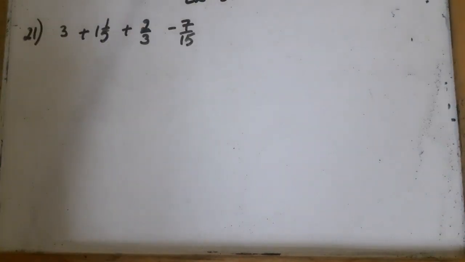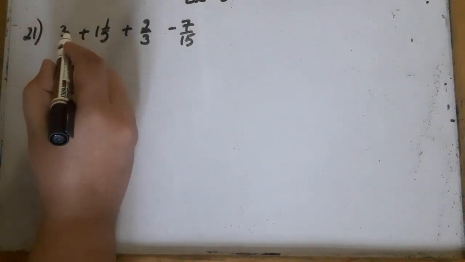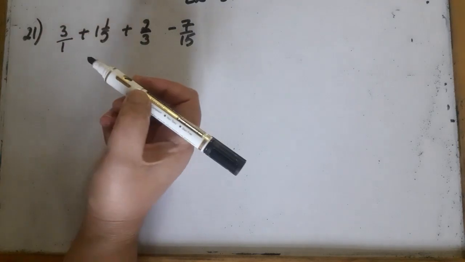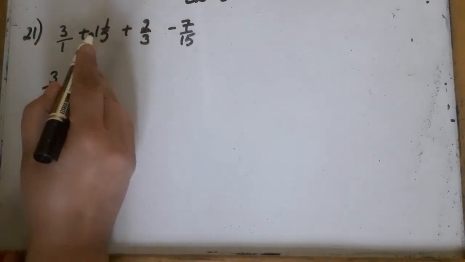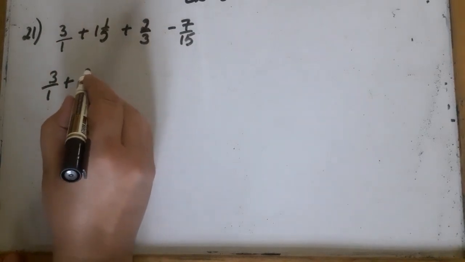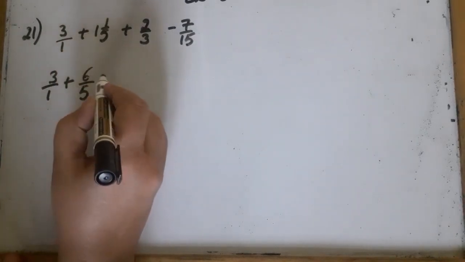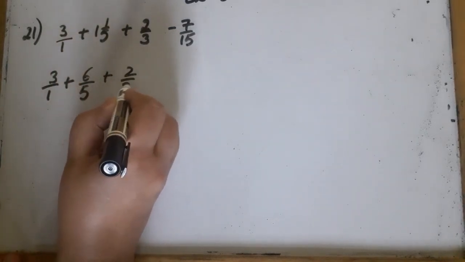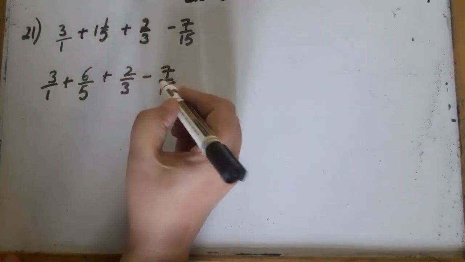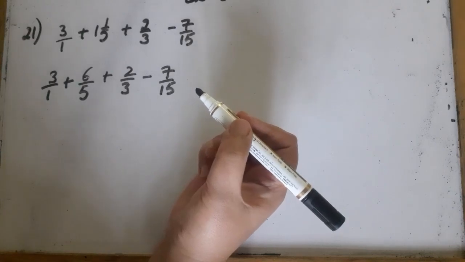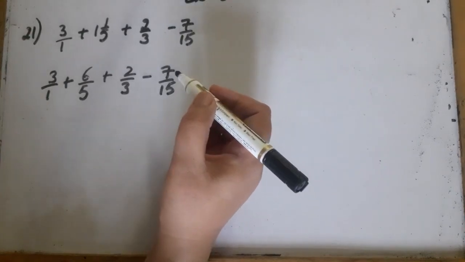Now let me do the 21st part. The first is a whole number, convert this into a fraction. So 3 by 1 plus 5 ones are 5 and 1, 6 upon 5, plus 2 upon 3, minus 7 upon 15. So these unlike fractions, first you convert them into like fractions.